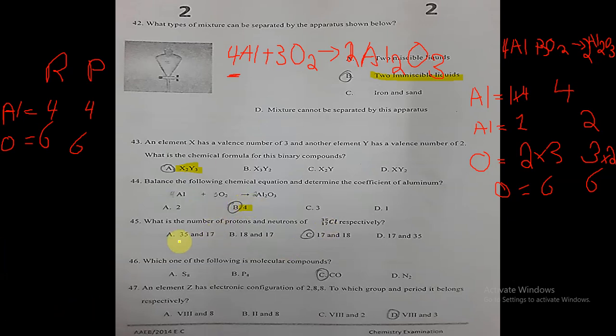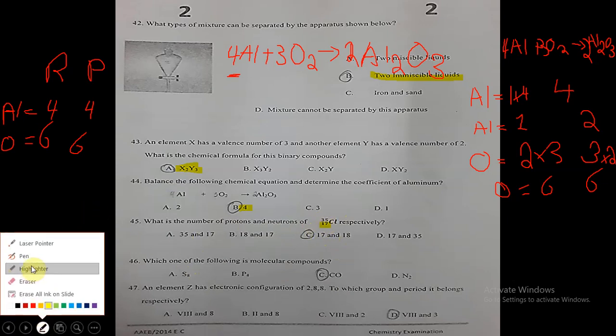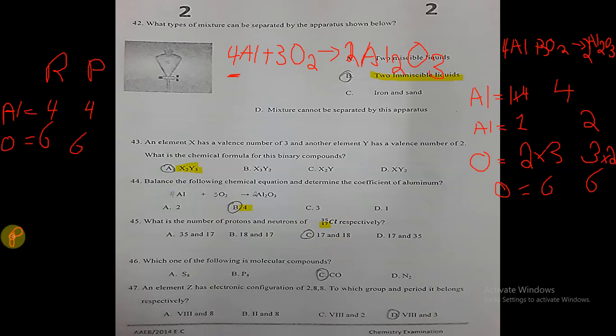Okay, now question number 45. What is the number of protons and neutrons of chlorine respectively? Here we need to find protons and neutrons first of all. Protons, which is down, is 17, right? The first one, protons, will be 17.